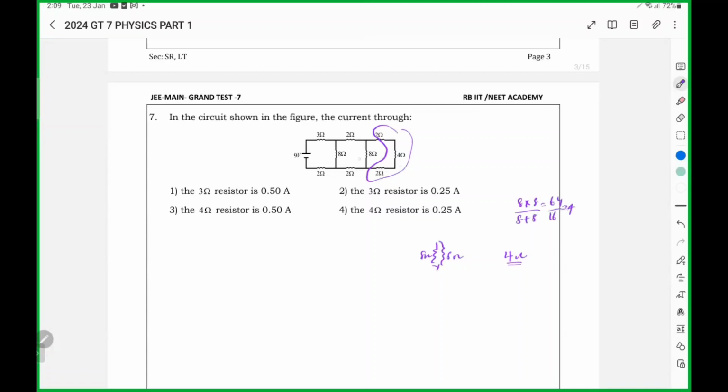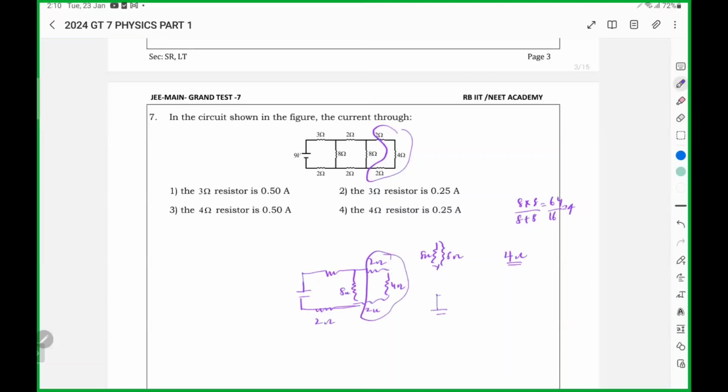Again that 4 ohms, and again 2 ohms. Now these are in series.